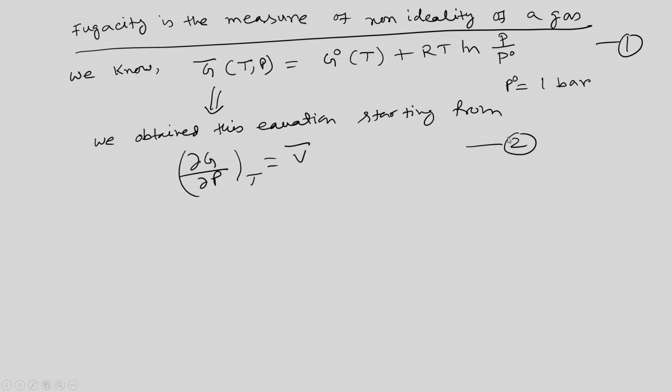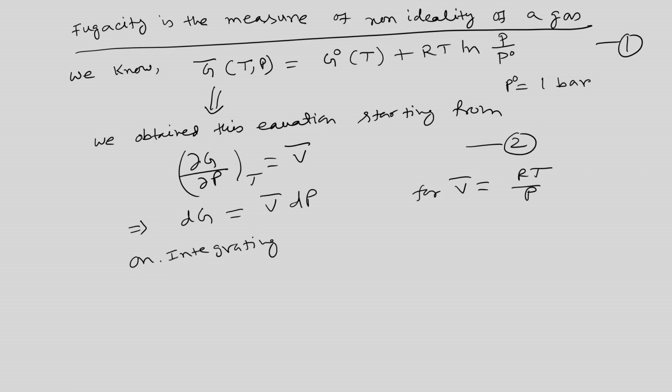Looking at equation 2, dG is V bar dP, and for V bar we use the ideal gas equation. Since n is 1 here, V bar is nothing but RT by P, and then we integrated. On integrating, we get this equation, right?